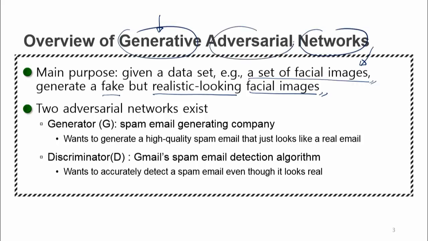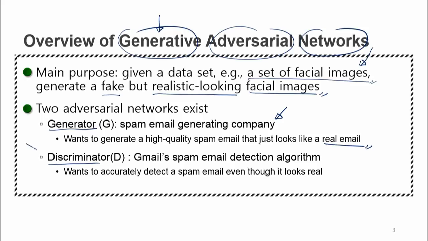But why is it called adversarial? In this model, we actually build two separate models called a generator and a discriminator. Let's think about a spam email generation company. Certainly this is a bad company, but its main goal is to generate spam email that looks like a really real email, so that it can avoid the spam filtering mechanism in many email clients.